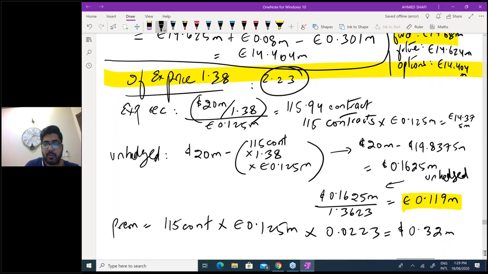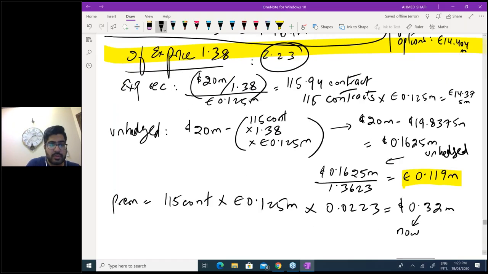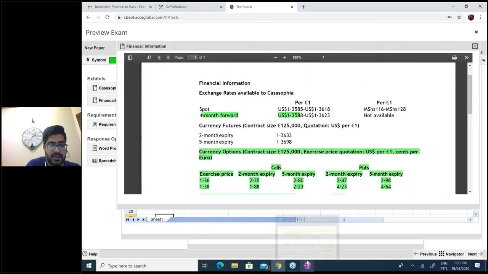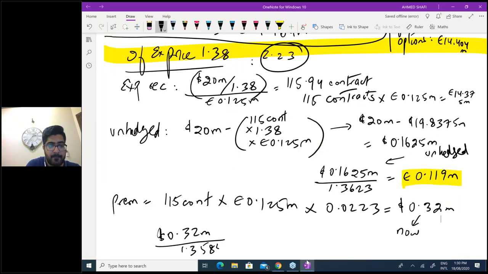Premium has to be paid now. So 0.32 million has to be paid now. Use spot buying rate because payment requires buying rate, 1.3585. It's 0.236 million euros.